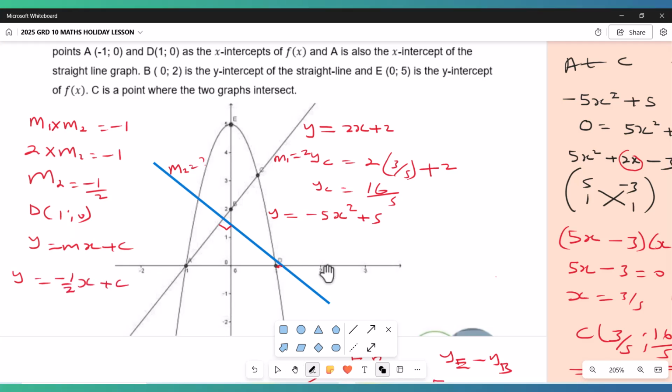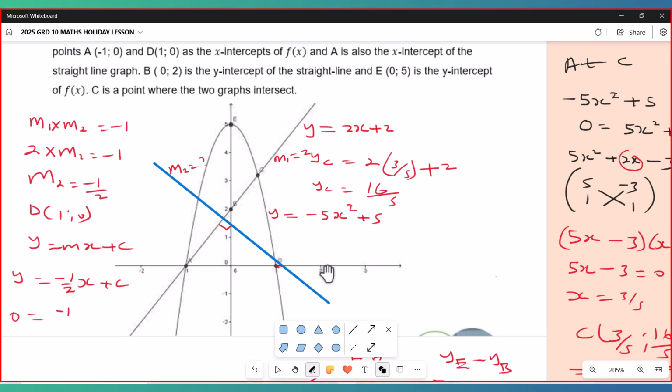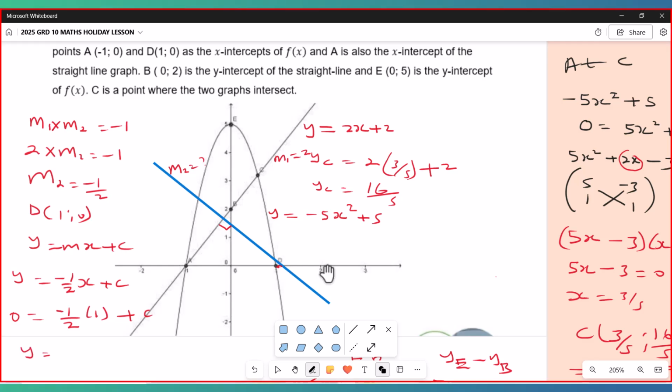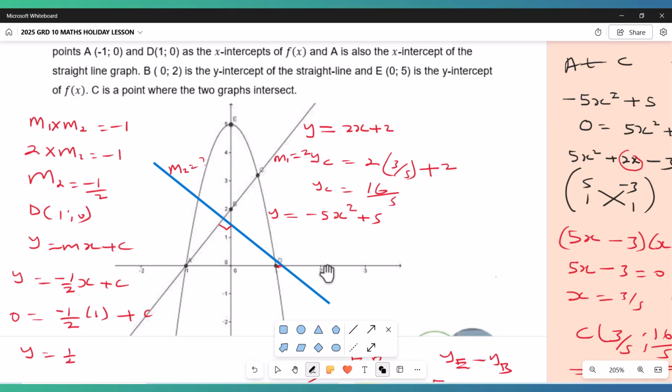So to get this c now, I can use the coordinates at D, which is 1:0. So my y is the 0, and my x is 1, okay? Then plus c here. Now the negative 1/2 becomes positive, giving us our c equals 1/2.